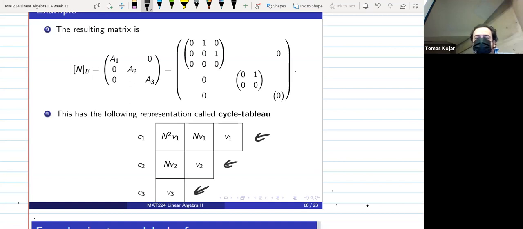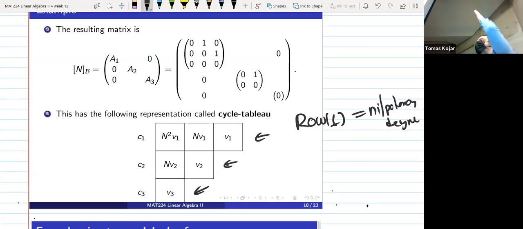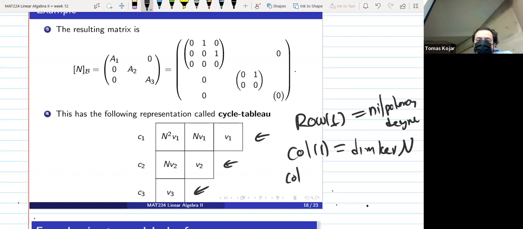Number one, here's a nice notation that I use. Row one, the number of elements in row one, is the nilpotency degree. But there's also stuff along the columns. Column one is the dimension of the kernel of N. I will explain why.